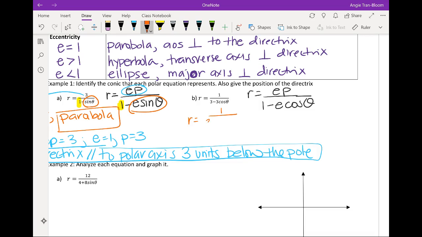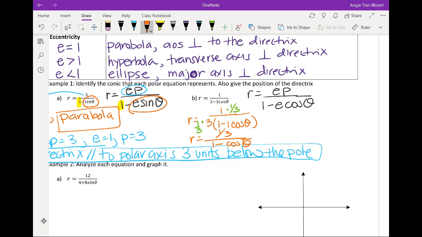You have to factor it out. To put it in standard form, I need to get rid of the 3 in the front. So can I multiply the bottom and top by 1/3? Sure.